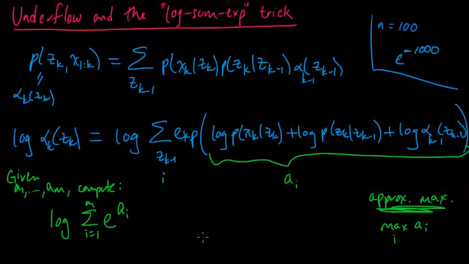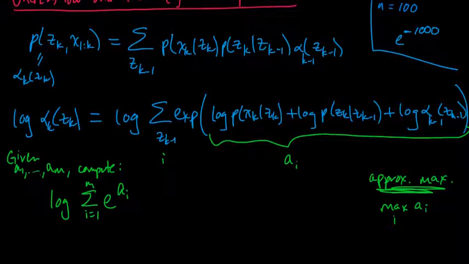With that intuition, we would think that only the largest values of the a_i's are going to matter because it's roughly a max. We can see that directly from the formula, because say that A1 was a big negative number, very small, then e to that is going to be super, super small. And e to the larger ones is going to be relatively larger.